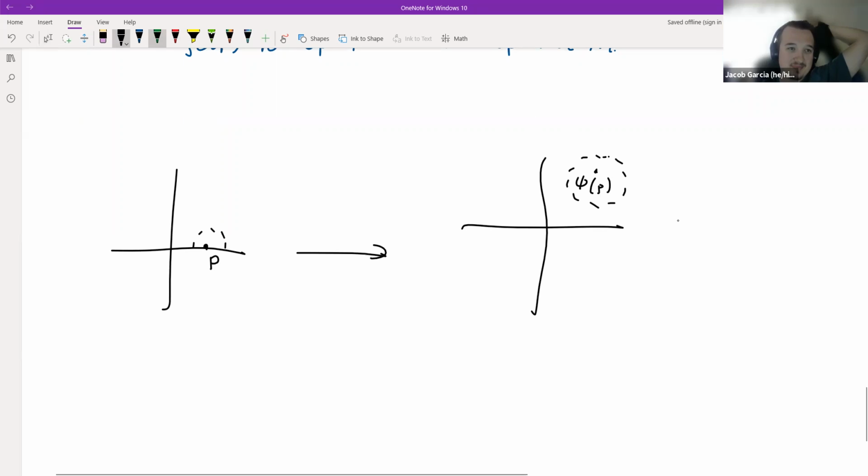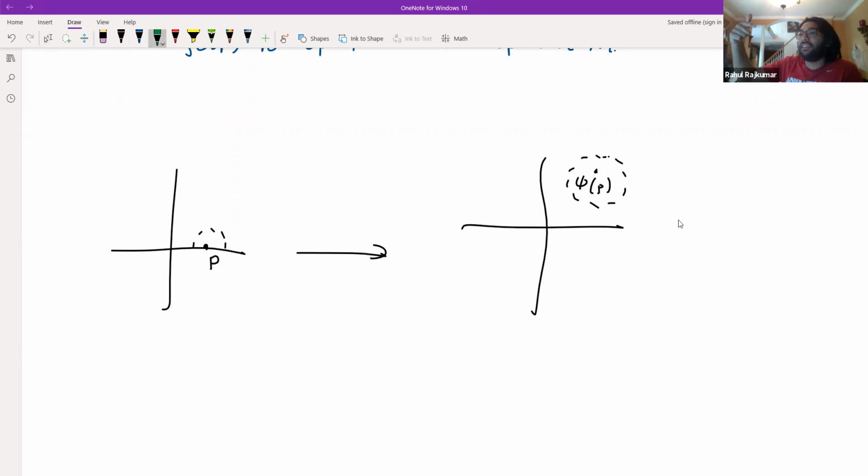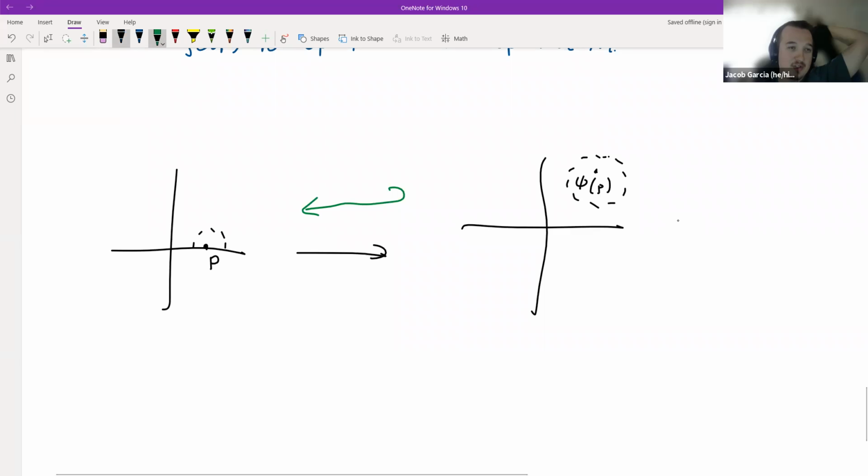You sent something that's open in Hn to something that is not open in the full space. And you can freely convert this into a map from a half space into the full space. So this at least shows you that. Yep, that certainly works.